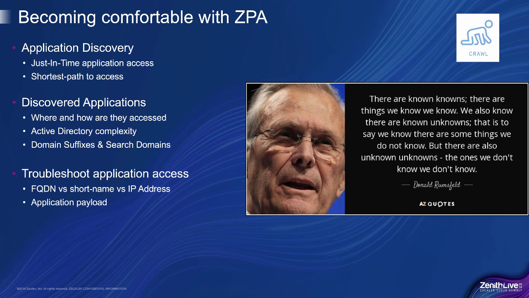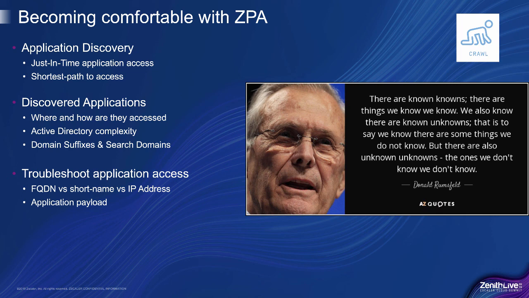And then we need to implement a policy as we troubleshoot that application access. Is the application being accessed by an FQDN or a short name and an IP address? Maybe that's even in the payload that's delivered from the application. And by that I mean I go to server.company.com and access an application, and that response, the payload that comes back from that server, says just access me as server on port 389, for example.